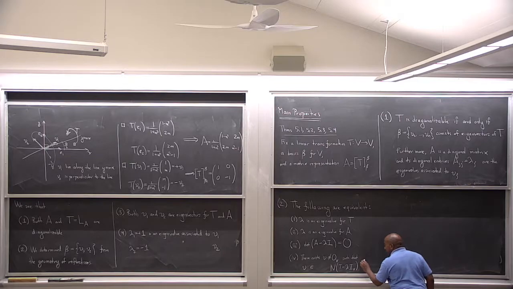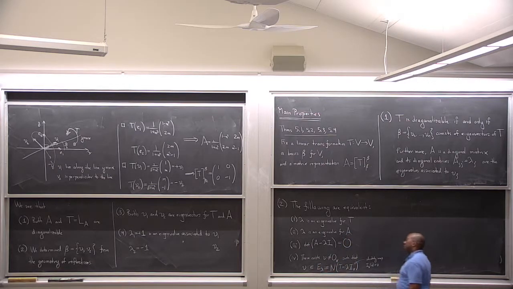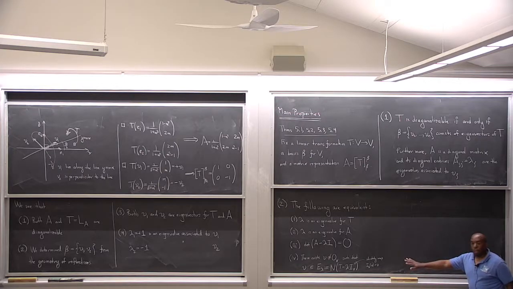So of course remember that I_V here is the identity map. It just takes v to v. So this is kind of the avatar of the identity matrix. And now the null space here is what I'm going to define as this E sub lambda. All right, so my E sub lambda is defined as this subspace here. So we're going to come back and play around with the subspace in a bit more detail.